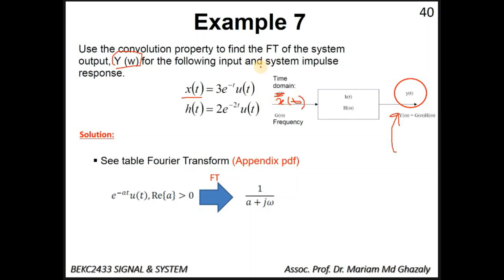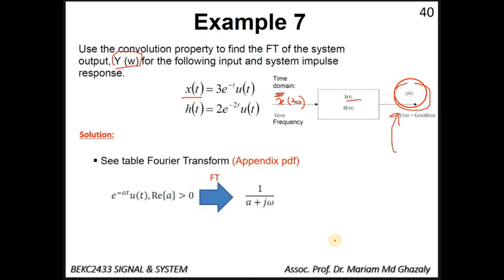And the system impulse response, or the system transfer function, is given by h(t) here. You are given x(t) and h(t), and asked to find Y(omega). After finding Y(omega), use the inverse Fourier transform to find y(t) again.